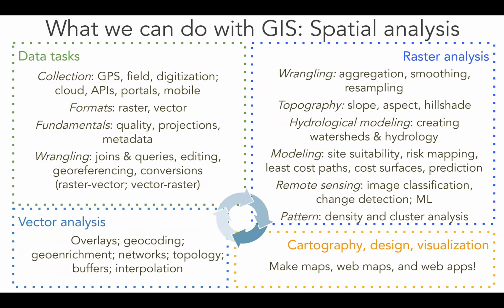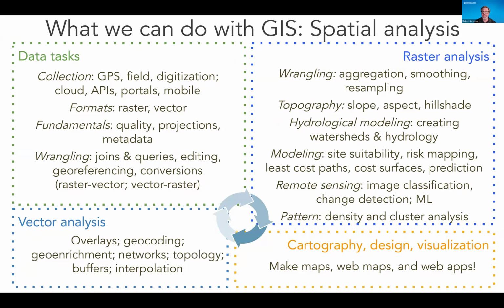Okay, some of the things you can do with GIS. There are a number of potential tools and workflows. There's data collection tasks, data wrangling. When you get into vector data, you can do analysis with overlays, geocoding, buffers and interpolation, rasters.